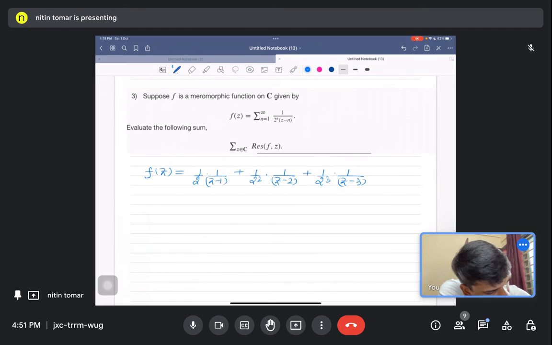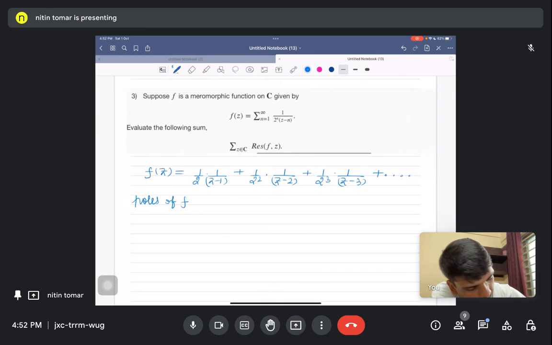What are the poles? Poles of f are the positive integers, the natural numbers 1, 2, 3. It's not 1 by 2, right?